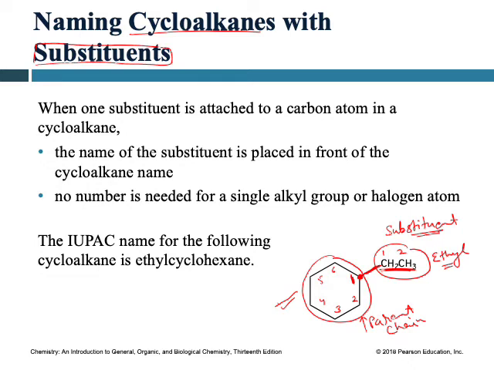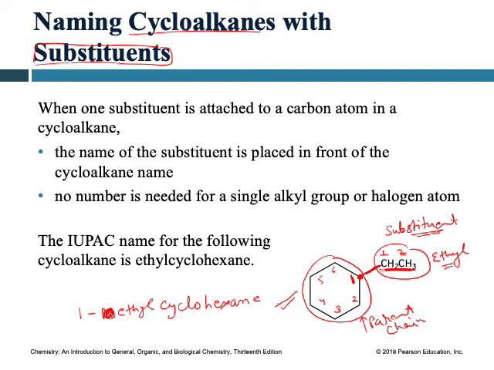So the name will be methyl. You always have to write the substituent. You can write the location, 1-methyl cyclo. Oh, this is not methyl, this is ethyl. So 1-ethyl cyclohexane, because you have 2 carbon chain over here.